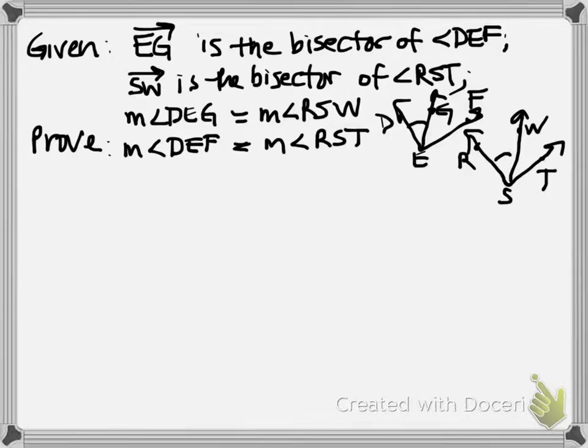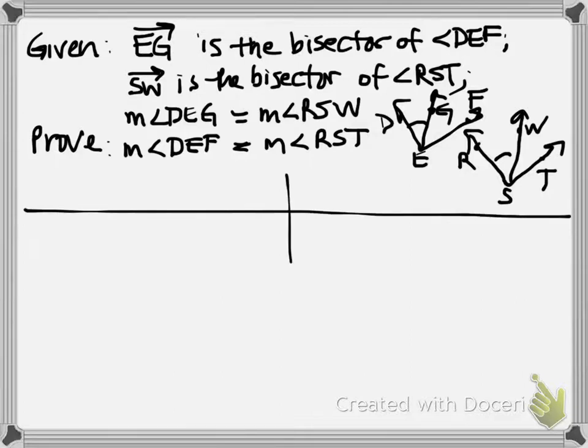Okay, so we've got bisectors, and we know that bisectors can create congruent angles. So it sounds like we may be using that definition again.